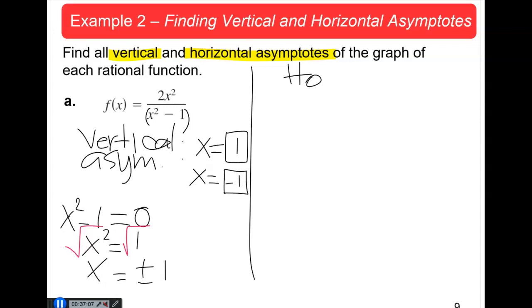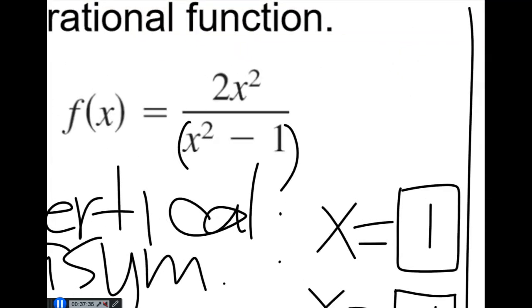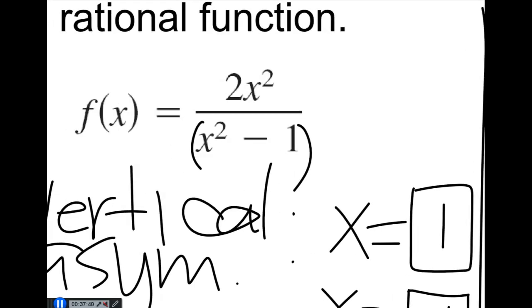Now for the horizontal, we are going to classify this. So let's see if it's top heavy, bottom heavy, or same degree. So you could see right away the degrees here, we have a 2 and a 2.